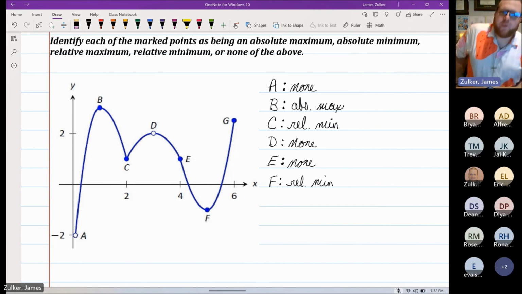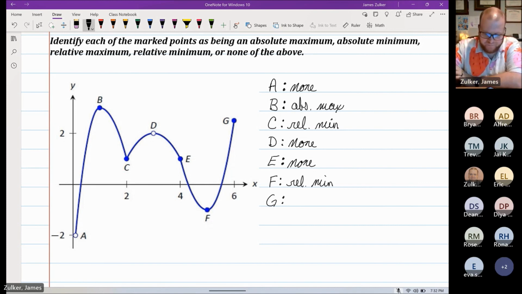However, you can find an interval where it is the smallest. And finally, G. It's a relative max.